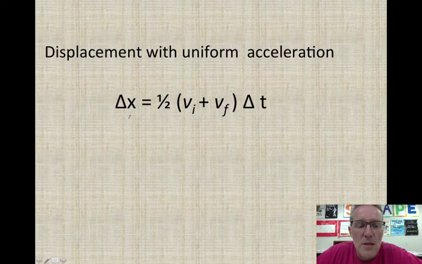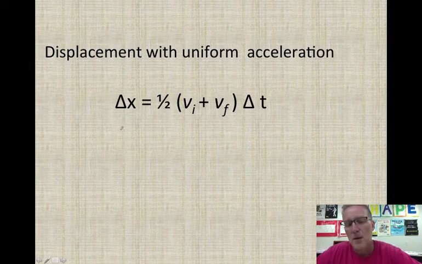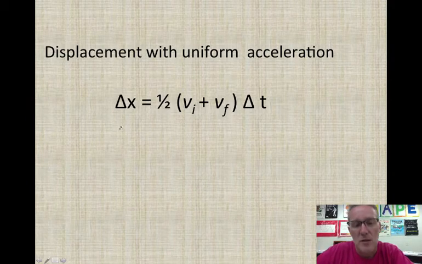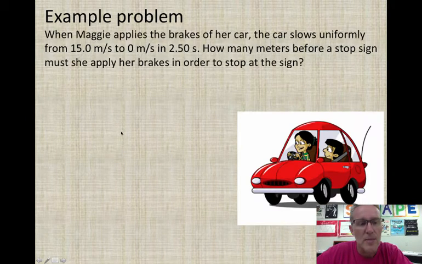So change in displacement is equal to 1/2 times the sum of velocity initial and velocity final, multiplied by the change in time. You may want to press pause and write this down in your notes because you're going to be using it quite a bit.